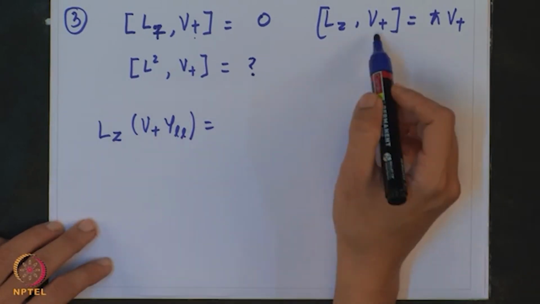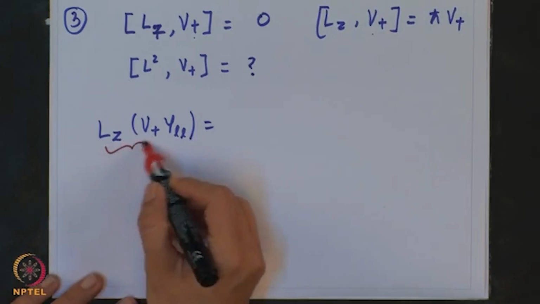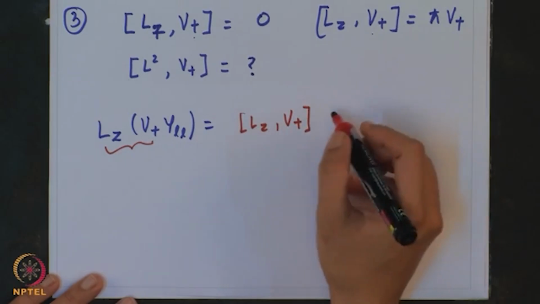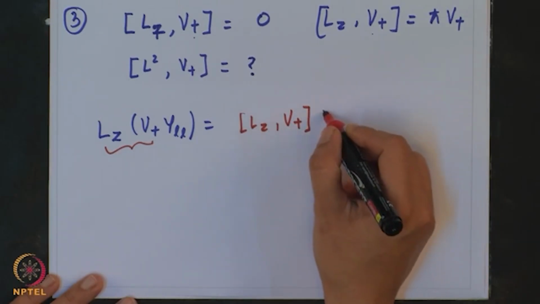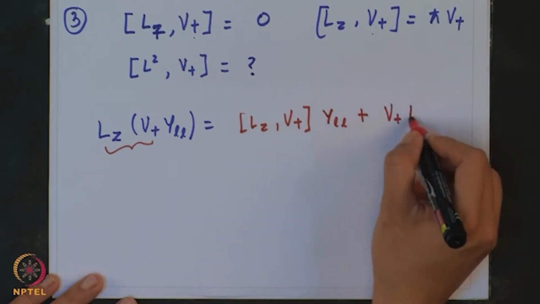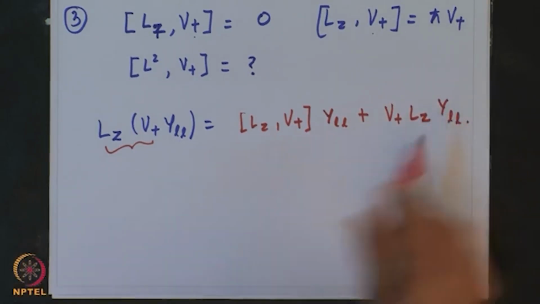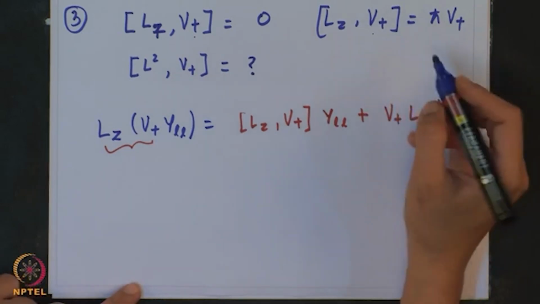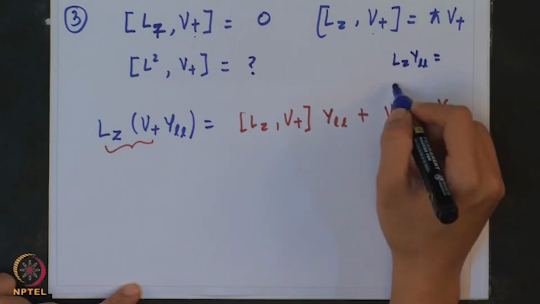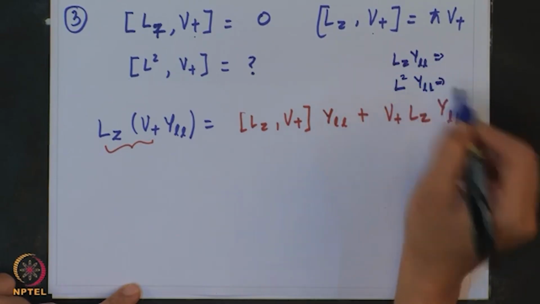Now, since you know this, the hint here would be to rewrite this as Lz V plus acting on |ψ_LL>. We know the relation of Lz on |ψ_LL>.